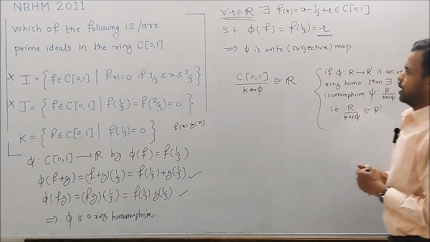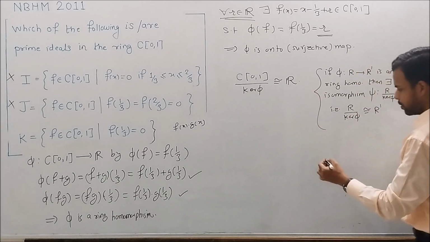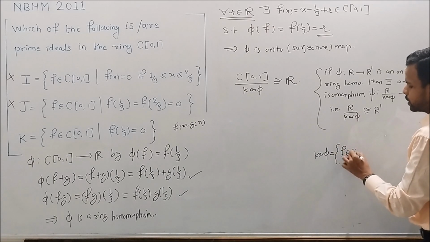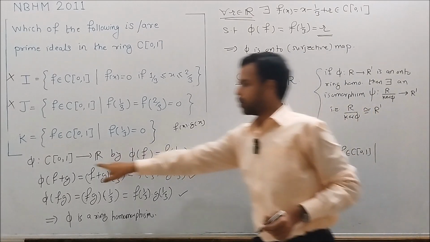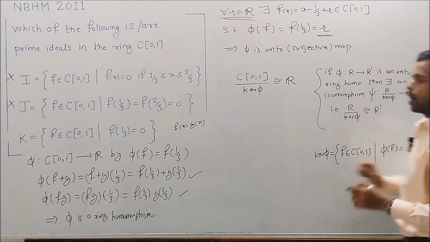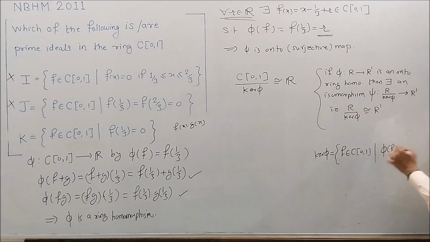Let us first determine what the kernel of phi is here. Now, kernel of phi is equal to the set of elements in the domain such that phi maps those elements to the identity element of the codomain, the zero element of the codomain. And what is the zero element of the ring of real numbers? It is the real number 0.